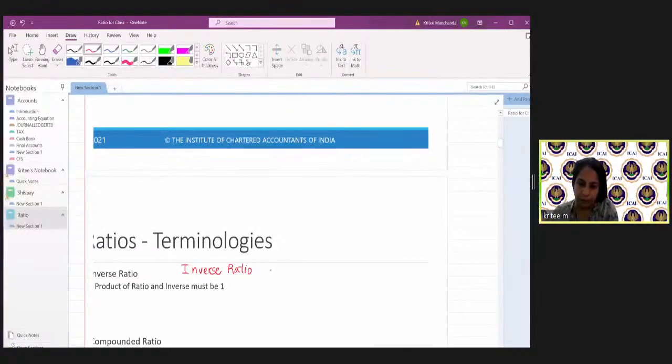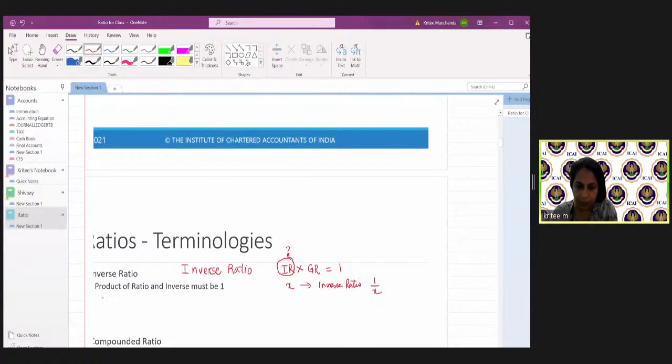Basically, the definition of inverse ratio is that ratio which, when multiplied with a given ratio, gives the product as 1. So what should be multiplied with the given ratio so that the ultimate product is 1? That will give me the reverse. So for x, the inverse ratio would be 1 upon x.